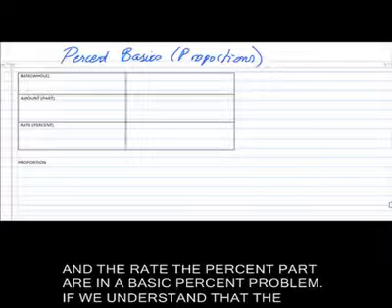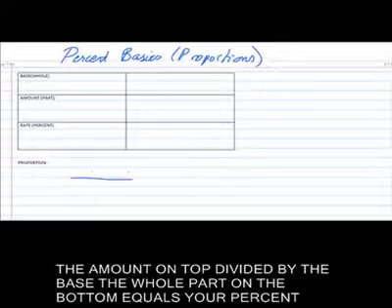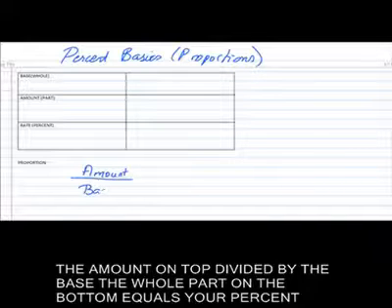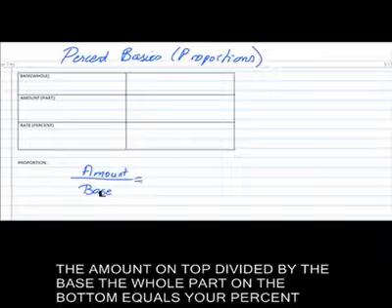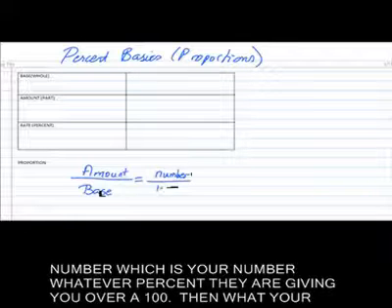If we understand that, the formula is simply going to be a fraction on the left, which is the amount on top divided by the base, the whole part, at the bottom, equals your percent number, whatever percent they are giving you, over 100.